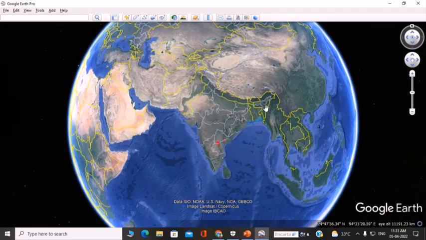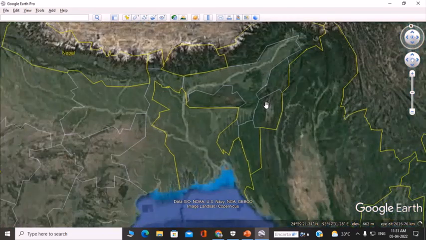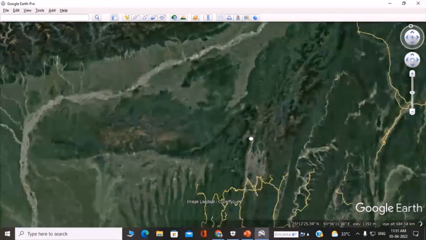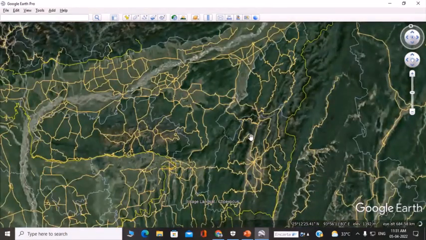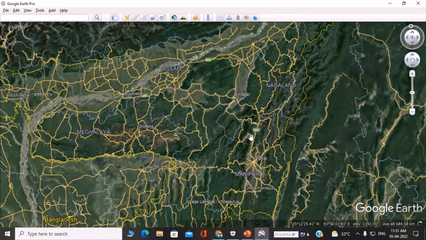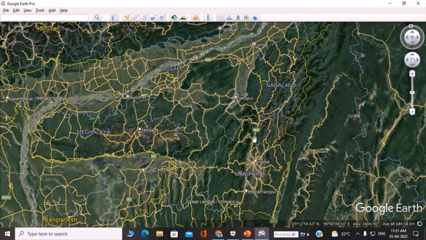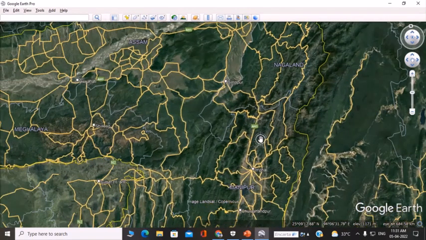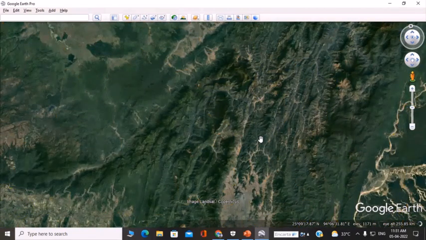And we will have a closer look at it. Just as we have discussed about these highways, a little further we can see this one.